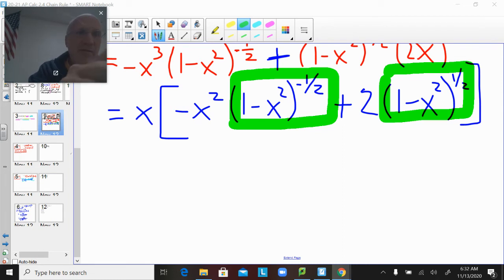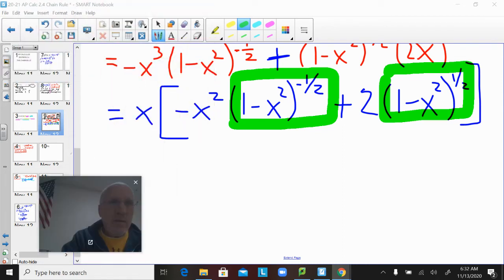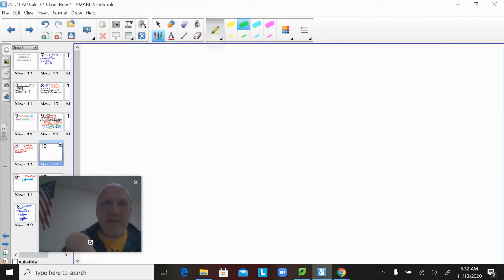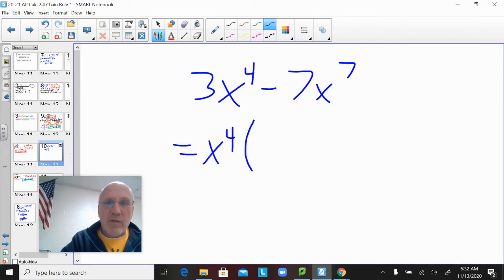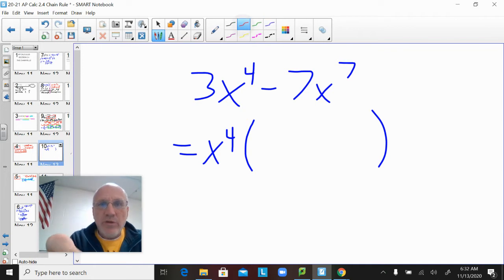My picture keeps getting in the way. Let me go back here. If it just said 3x to the 4th minus 7x to the 7th, you would take out an x to the 4th. You would take out the lowest exponent. And what you're really doing is dividing by the GCF and subtracting exponents to figure out what's left.